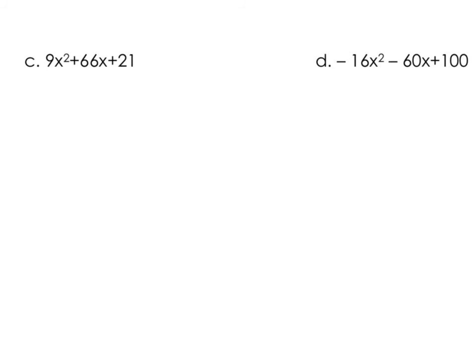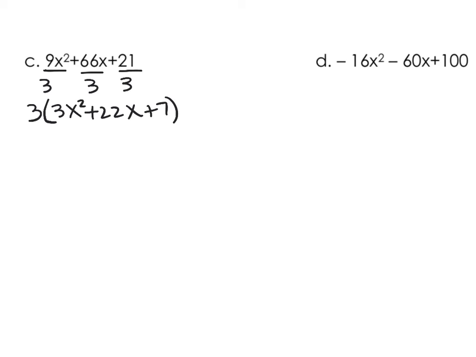Okay, let's try C. So we always need to check first for a GCF. And it looks like on this one, I can divide all of these by a 3. I can't take any x's out, but that's okay. 3 is going to help me out to give me a 3x squared, a +22x, and a +7.